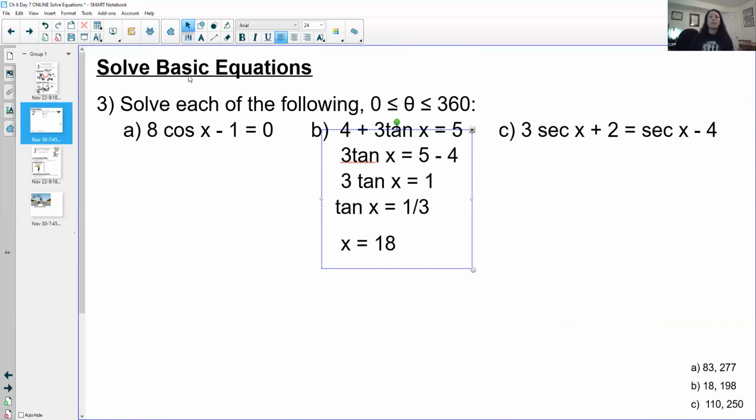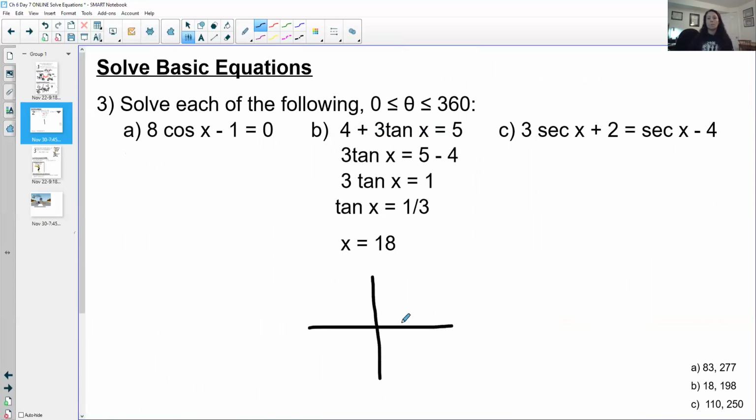Now you've got to think about your CAST rule. 18 would be up here, but tan is also positive in the 3rd quadrant. So that would be 18 degrees here, right? It's kind of like I'm rotating it every time. So if this is 18, this would be 180 plus 18, which would be 198, okay?